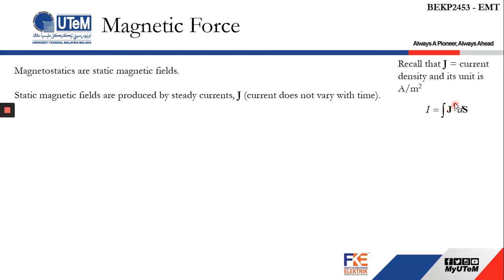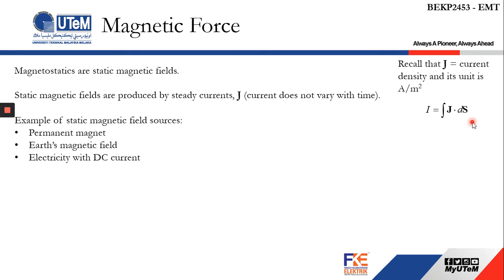So when we integrate the current density over a surface area, we can cancel the meter squared term to find the magnitude of current, ampere. Right? So we have already learned this equation, I equals the surface integral of J.